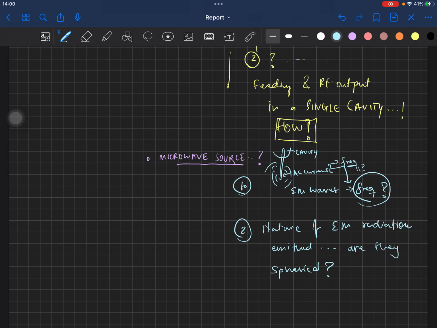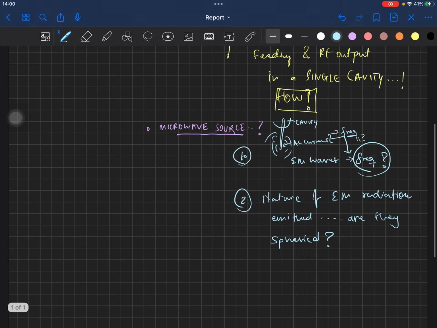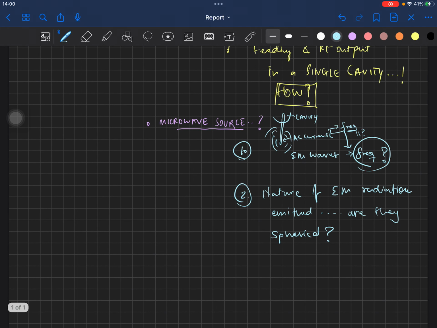About some point, maybe this tip or something, but the whole wire radiates, and that's shady. How do you do that? So one has to delve into the theory of AC circuits emitting waves. So do they emanate from some point, and is there an equivalent treatment of that? Okay. Nature of EM radiation, are they spherical?